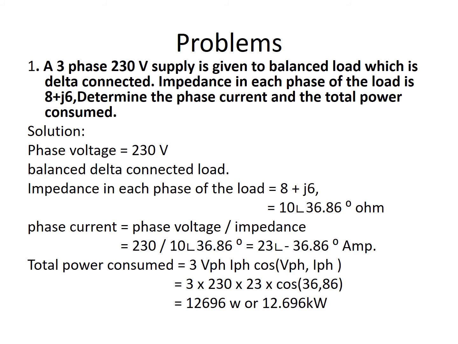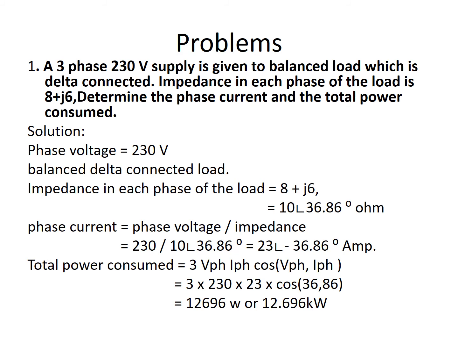Phase voltage is 230, because for single phase domestic purposes we are using 230 volts. But for three-phase it is not equal to 230, it is around 400 volts. So here they have given the phase voltage 230, and also specified that it is a balanced load which is connected in the delta manner.